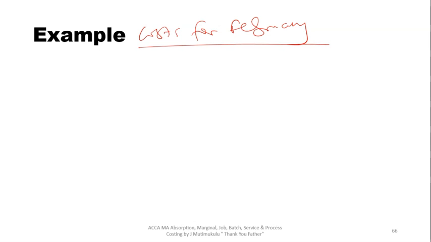All right, suppose we are given the cost for the month of February. All right, we are told that in this month we had material costs, which were 100,000 units, costing $20,000.